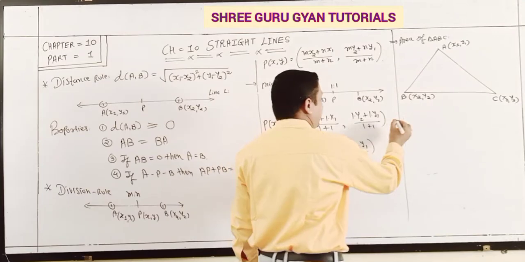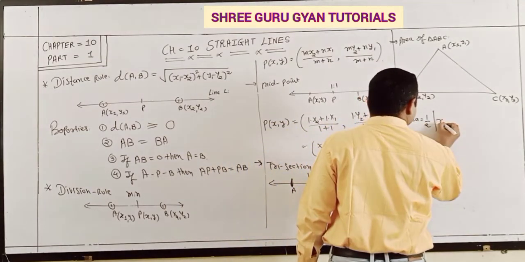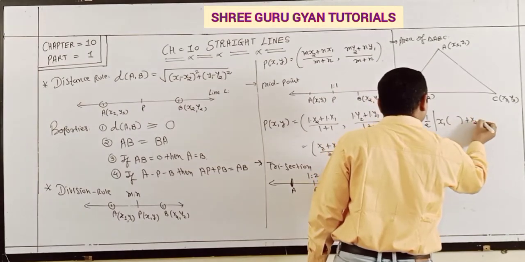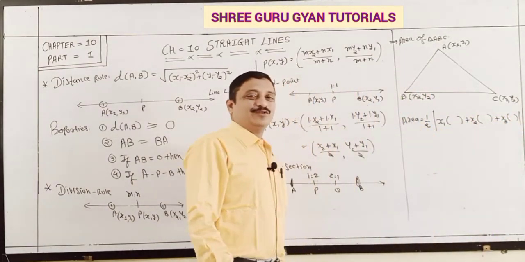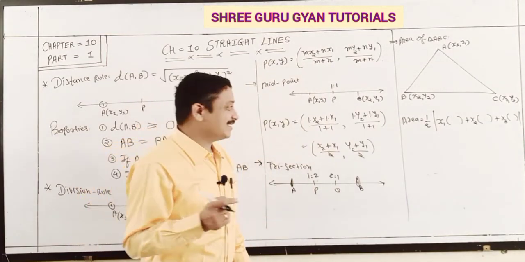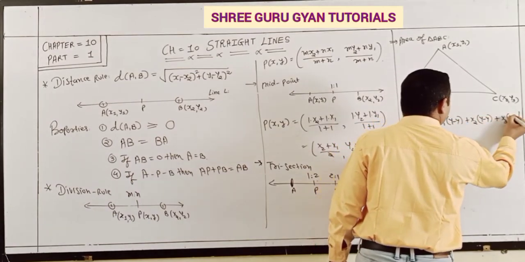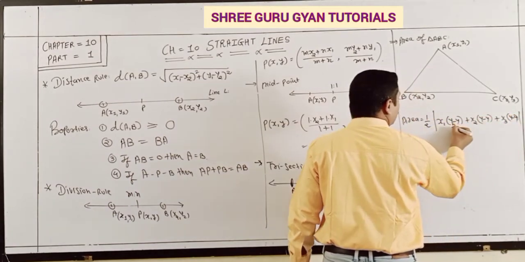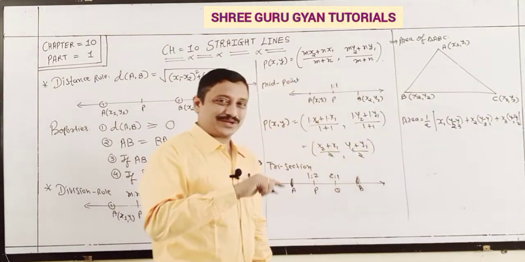So your area is half in modulus of x1, x2, x3. Very easy way to learn that formula by heart: x1 in bracket, x2 in bracket and x3 in bracket. Here write y minus y, y minus y: 1 then 2 3, 2 then 3 1, 3 then 1 2. Just 1 2 3 rotations, students.